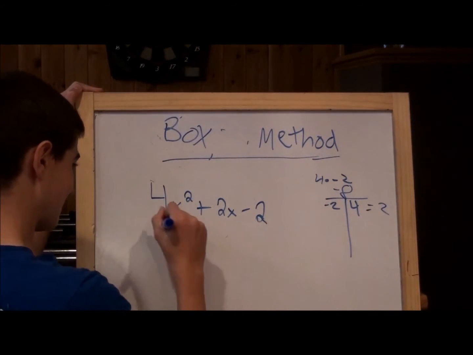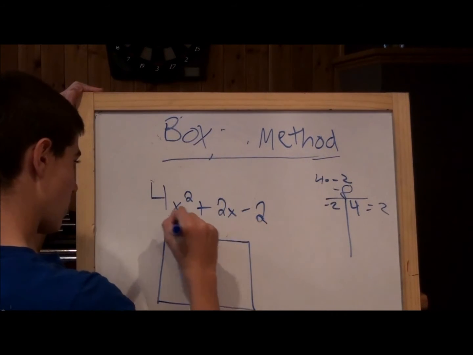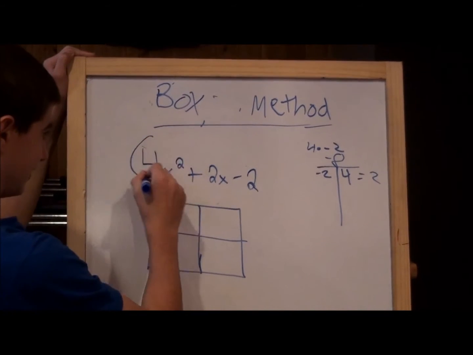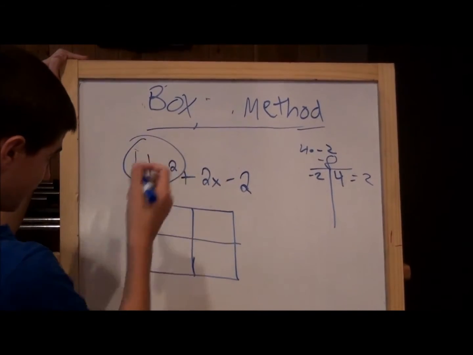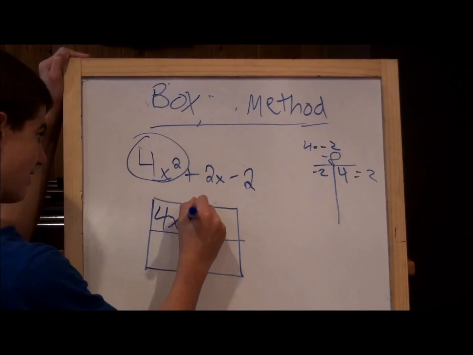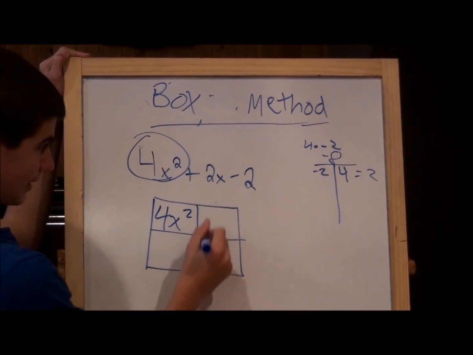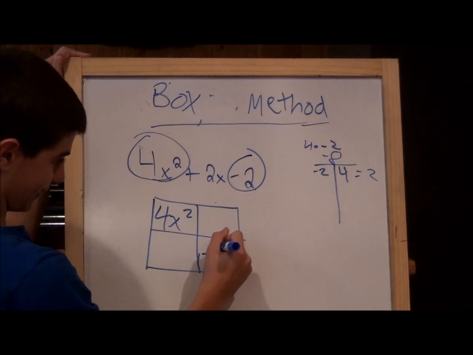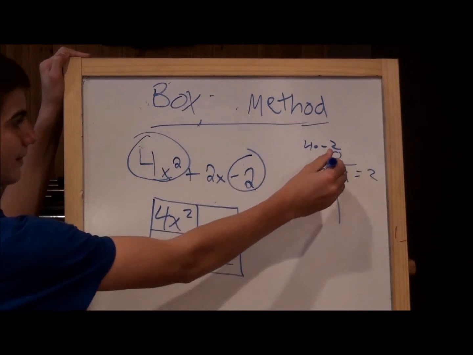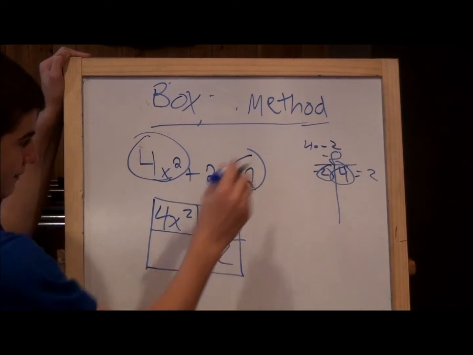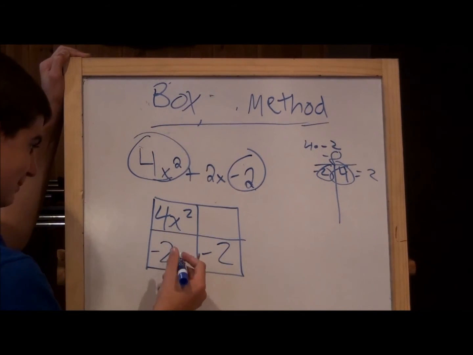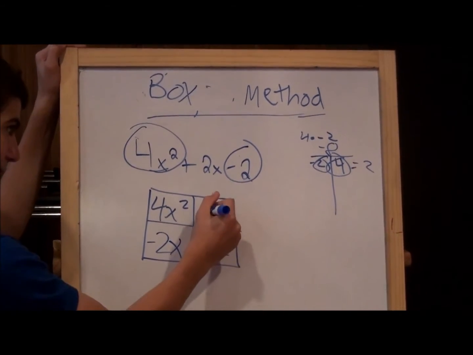So then we make our box, and we take this coefficient here, actually this whole term right here, and you get 4x squared in your top box, and this one right here down here. So you have these two. Then you take your two factors and you write them in the remaining boxes, and you put an x behind them.